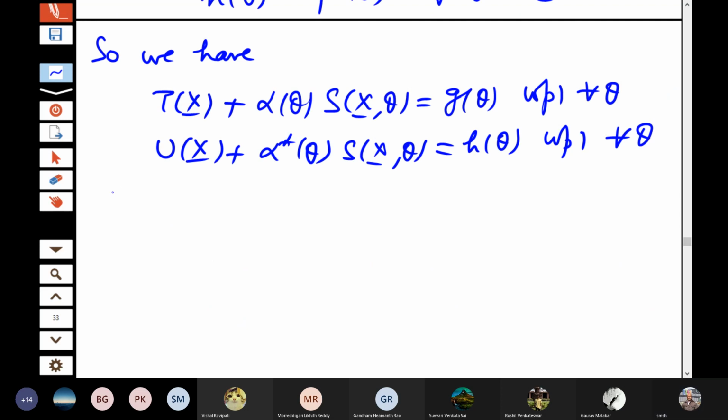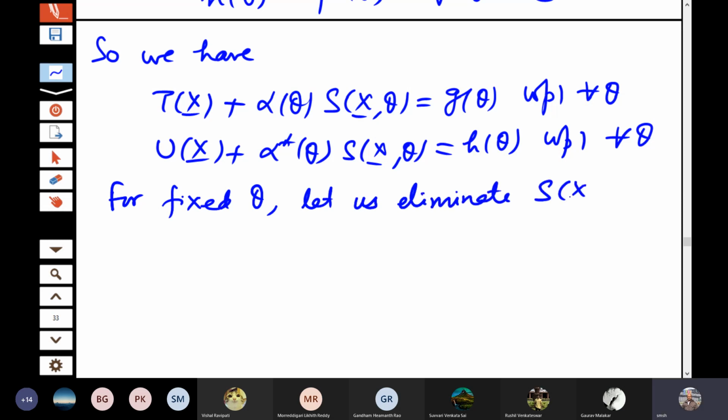So for fixed theta, let us eliminate S_X theta. Suppose I say for a fixed theta equal to theta naught, some fixed value I am taking.